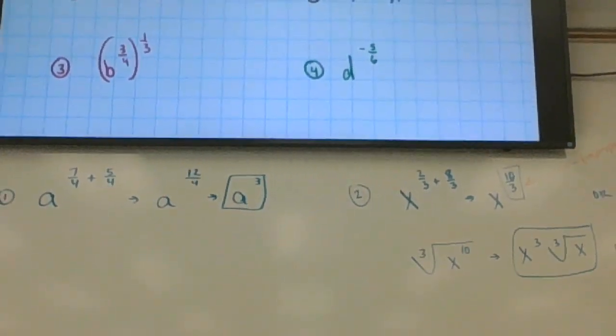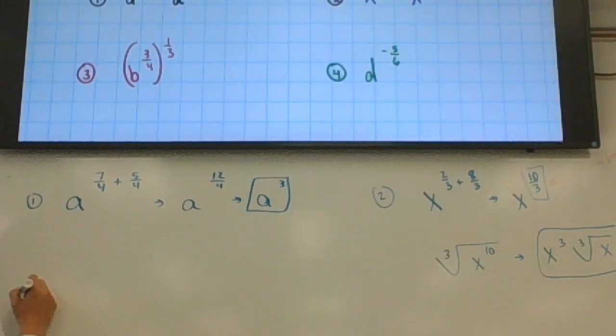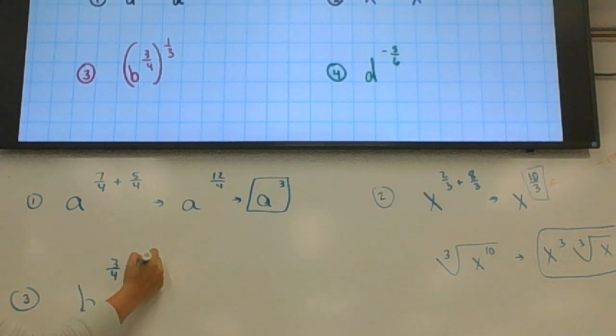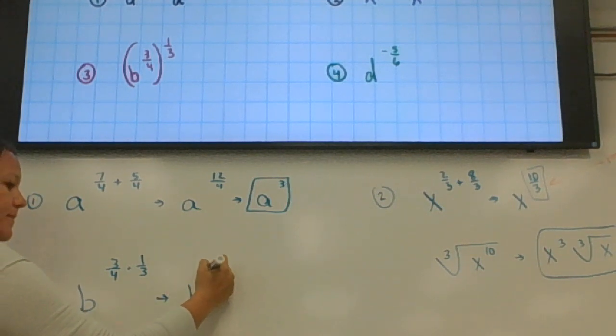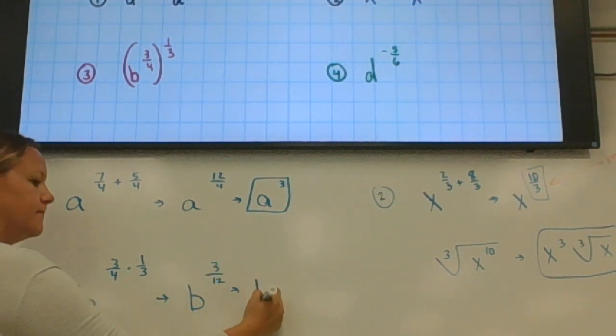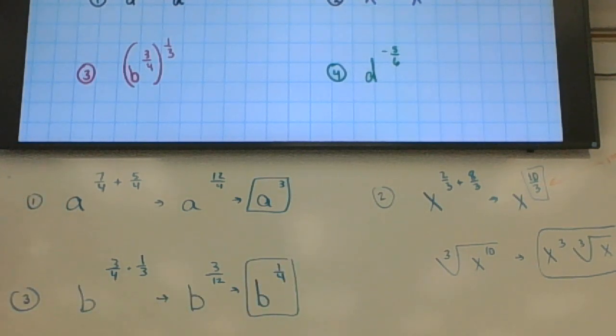Again, properties of exponents. This time a power to a power would be multiplication. So we would do 3/4 times 1/3, which is 3/12, 1/4. Questions on 3 then?